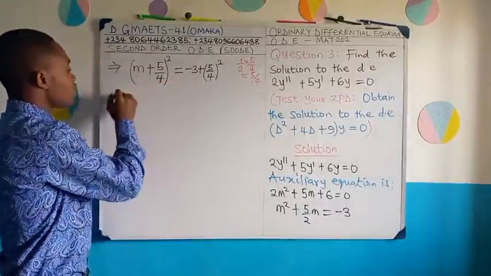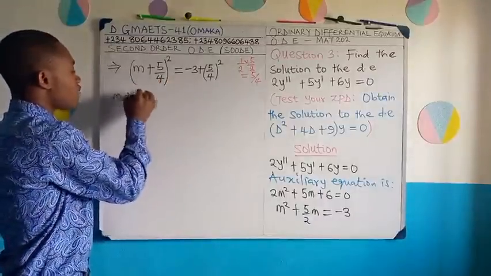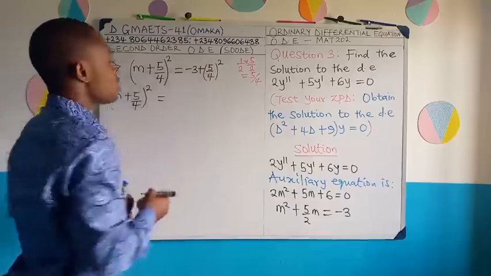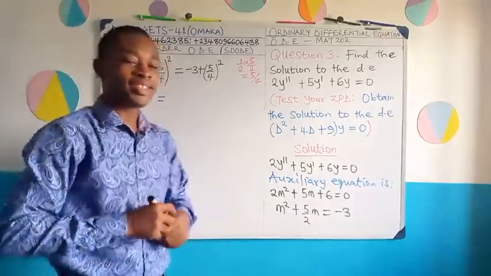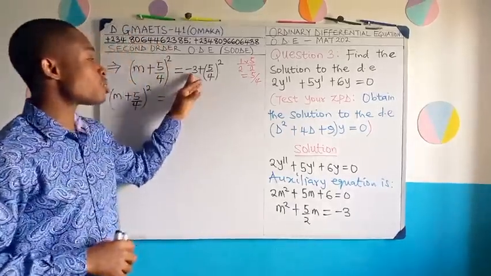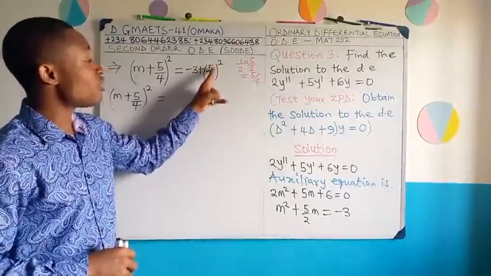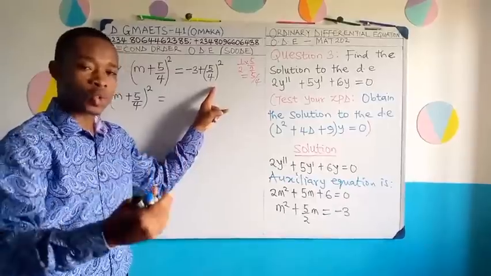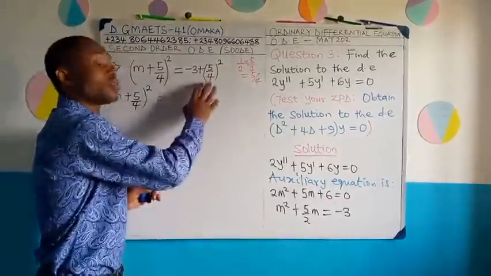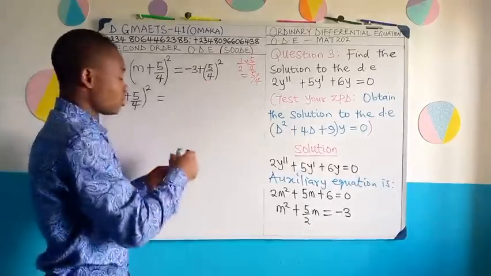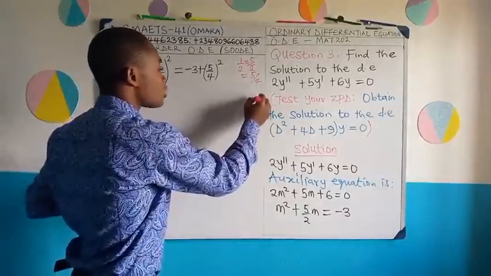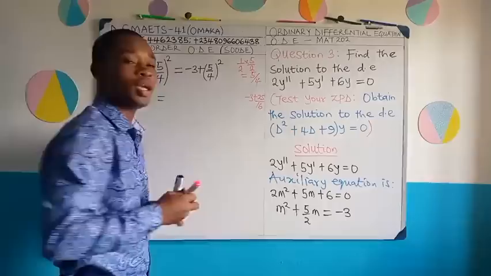Now we move on. This is now going to give us n plus 5 over 4, then all squared equal to, we'll simplify this. This is minus 3. This is going to give you 25 over 16 because it's 5 squared over 4 squared. Then you work out the LCM. Take note, at this point, what you have is minus 3 plus 25 over 16.